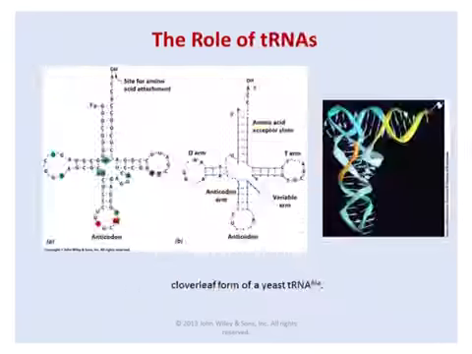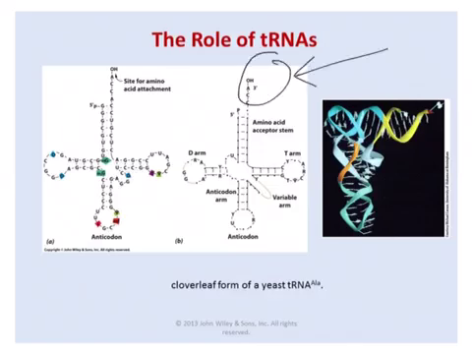The job of matching the correct codon base triplet with the correct amino acid during the translation process is done by tRNAs. So tRNAs have a really important structure: they have one end, the 3' end, which a specific amino acid will be attached to, and then at the opposite end they have what's called an anticodon region.